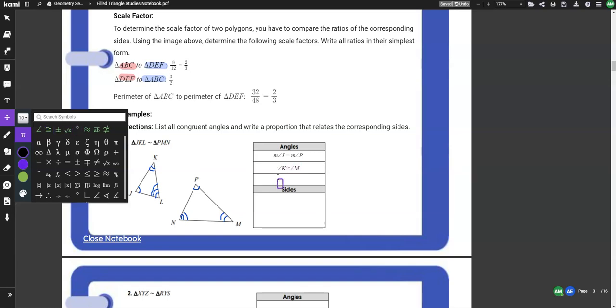And then we can say that L and N are congruent. So angle L is congruent to angle N.